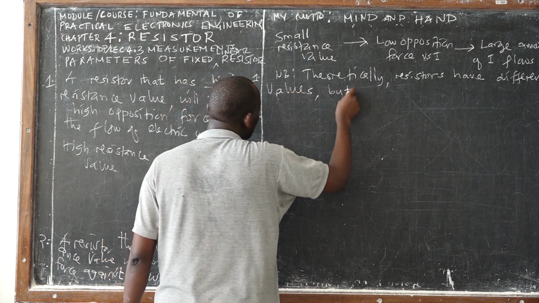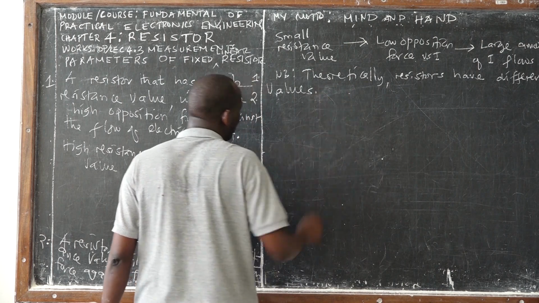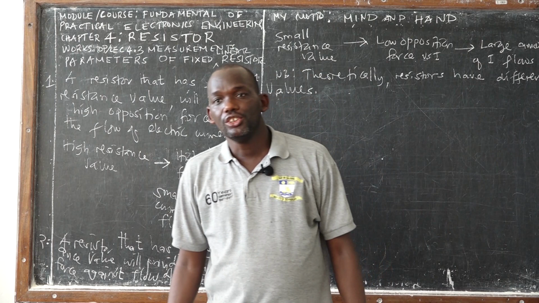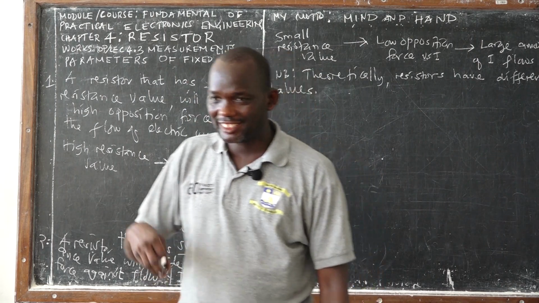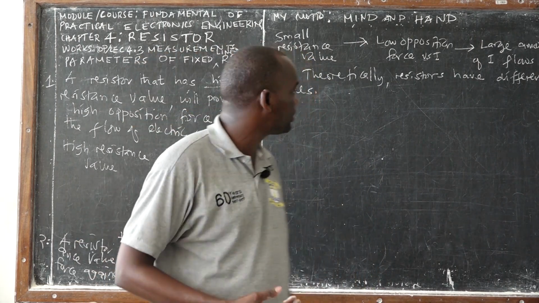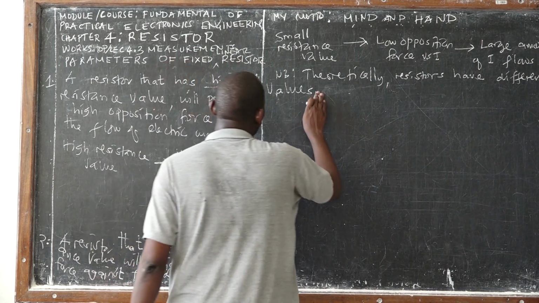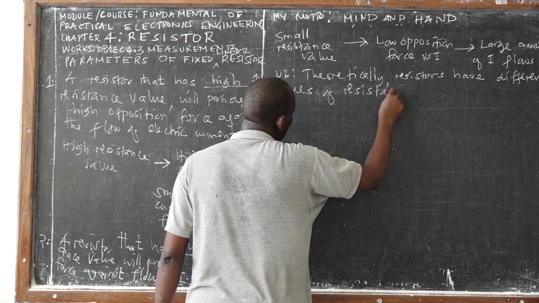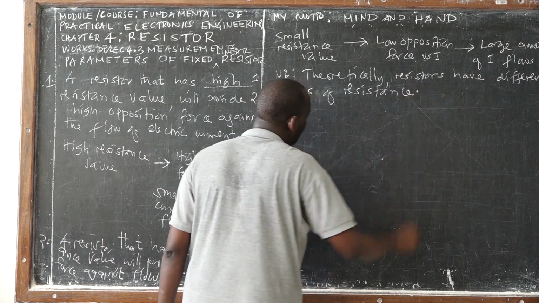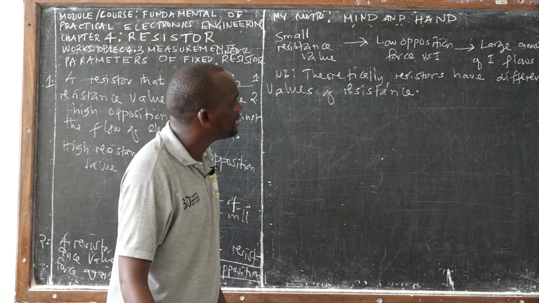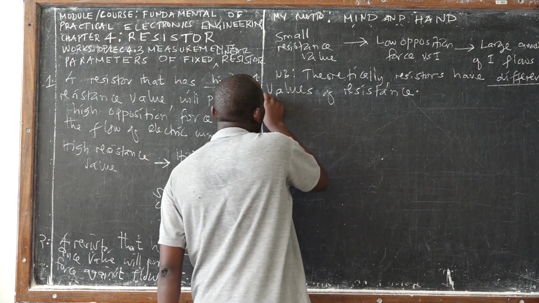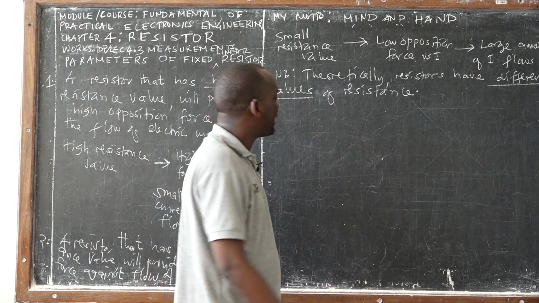Theoretically, a resistor can have any value of resistance. So theoretical resistors have different values of what? Of resistance. What does it mean?